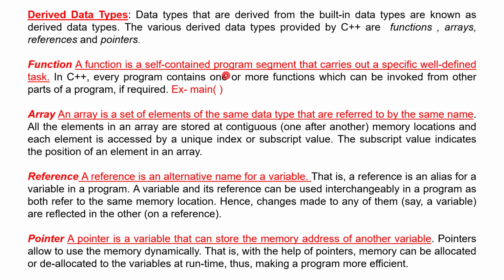So a function is a self-contained program segment that carries out a specific well-defined task. In C++, every program contains one or more functions which can be invoked from other parts of the program.